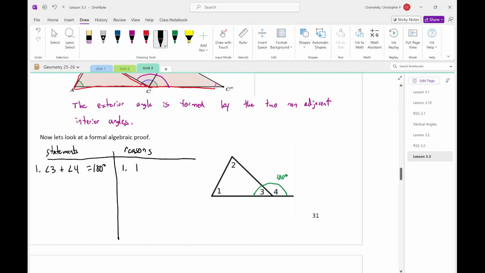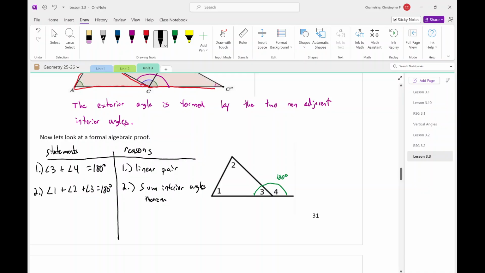That is a linear pair. Okay, has to make 180 degrees. Something else that makes 180 degrees that we just proved, angle 1 plus angle 2 plus angle 3 equals 180 degrees. That is our sum of interior angles theorem that we just proved.